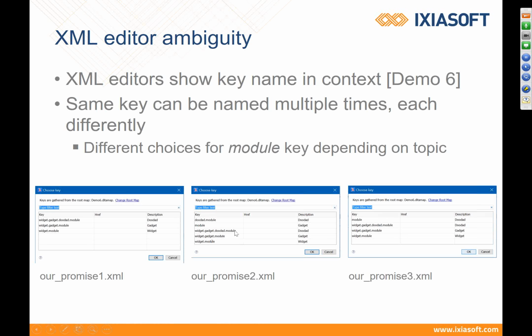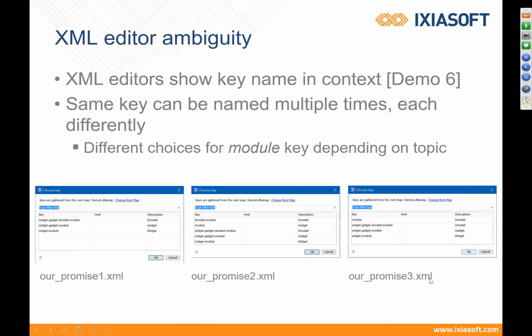These two keys, the widget gadget doodad module and the doodad module key, are actually the same key, but there's two different paths to this cheese, as it were. And then I can just insert the module key, because now I'm inside of the gadget key space, and now there's a module key defined inside of the gadget key space, so I can insert it without any qualification at all.